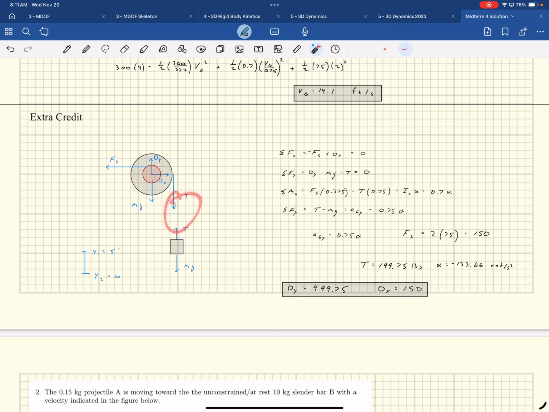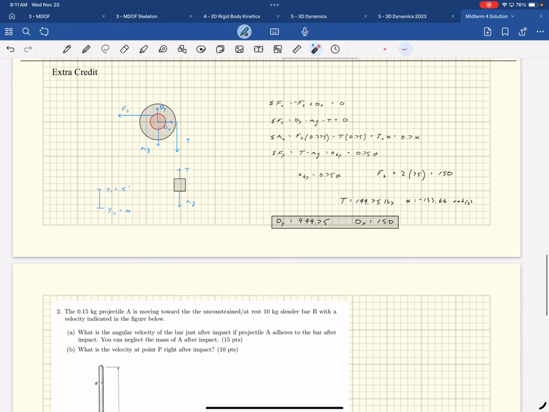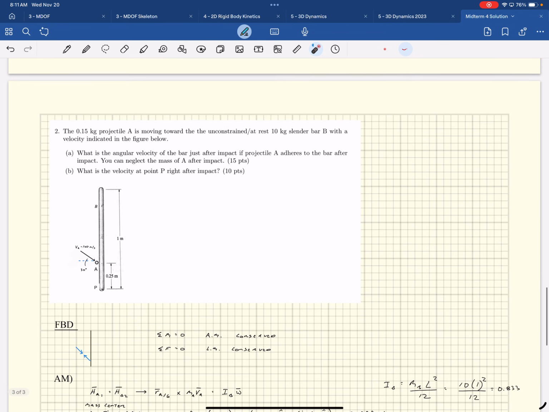The only reason there'd be tension in that rope is because that rope is making this drum accelerate. That drum lagging behind and being accelerated by the dropping weight causes tension in that rope, because it wants to stay stationary. It doesn't want to move. But when it's dropping, we have to get it moving, and it causes a force to do that. So that was that. Any questions about the extra credit?